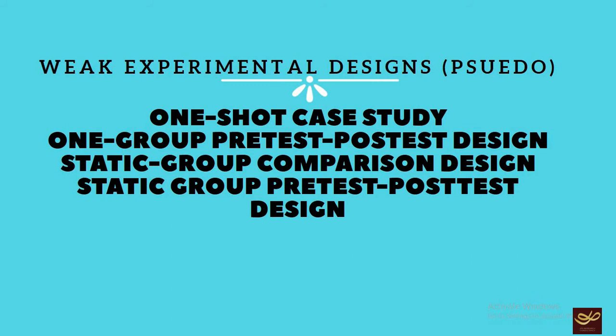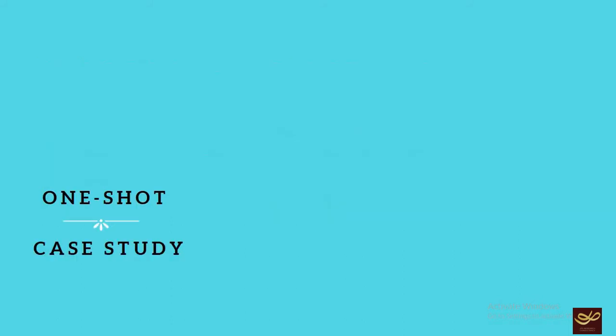However, these levels of control are still minimal compared to other types of experimental research design. So let's look at each of these weak experimental designs and explore how we can apply them given a particular scenario.